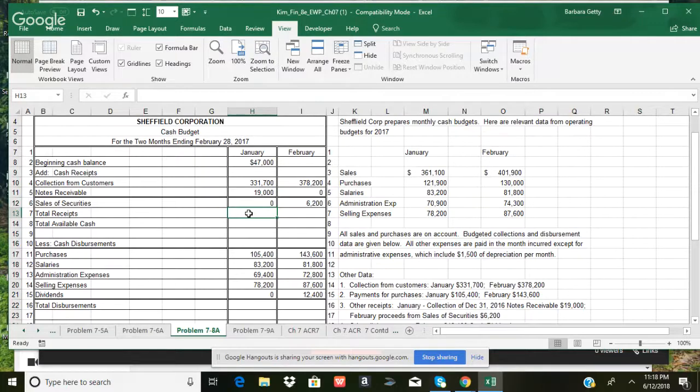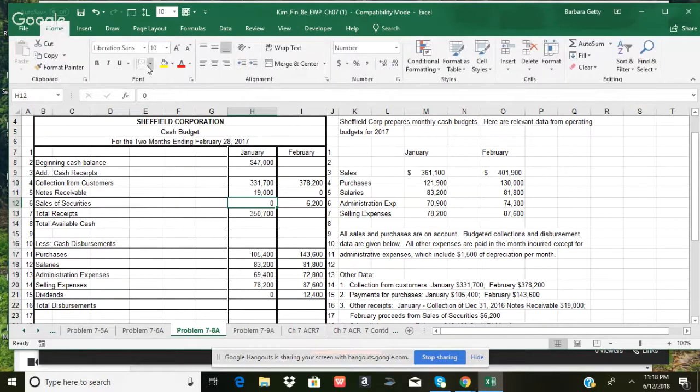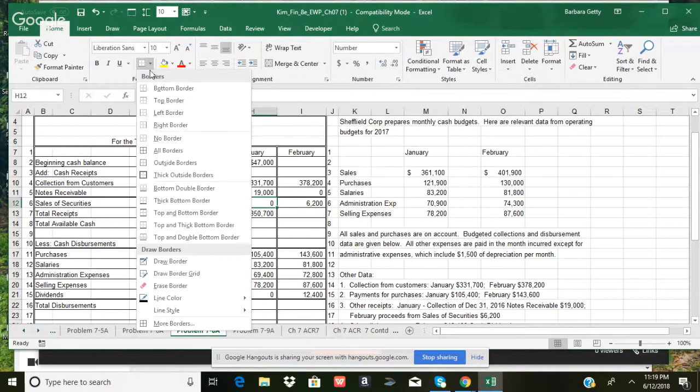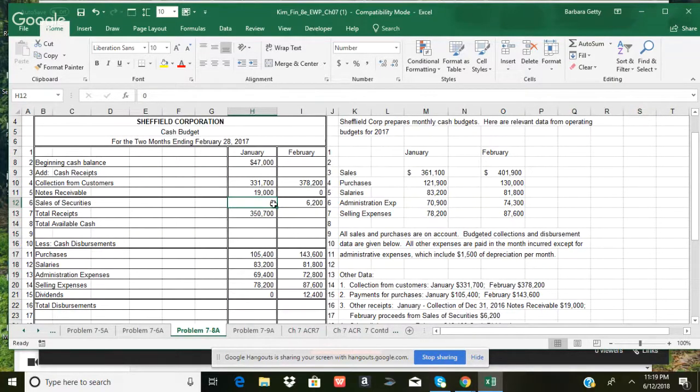total receipts of 350,700. I'm going to put a line up here to make it a thick border line so you can see that these are going to be bordered. Okay, then under cash, total cash receipts, we have total cash available.